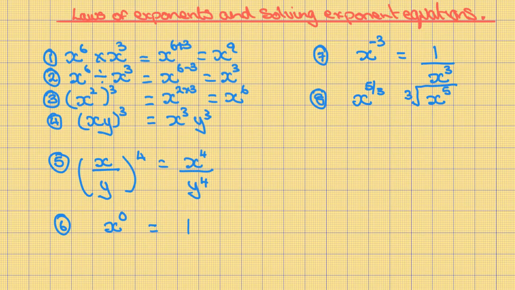So x to the 5 over 3 is x to the 5 cube rooted. Sometimes it's easier to write x to the 5 over 3 as the cube root of x raised to the power of 5, depending on whether you're asked to find a numerical value.